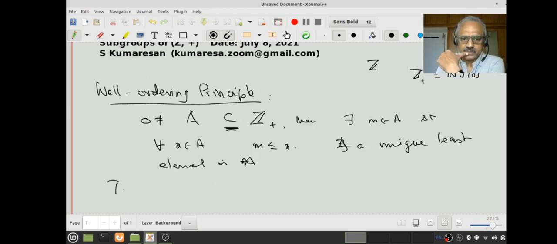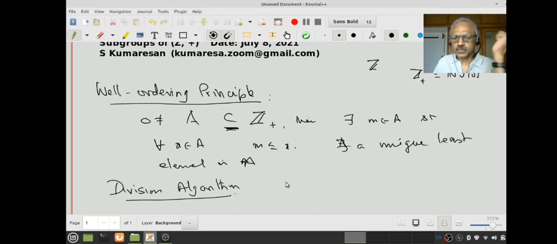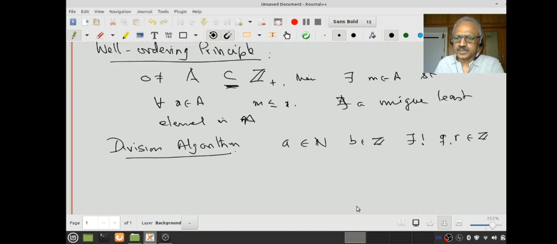The second ingredient is the so-called division algorithm. What does it say? Suppose A is a positive integer and B is any integer, then there exist unique Q, R in Z with the following two properties.